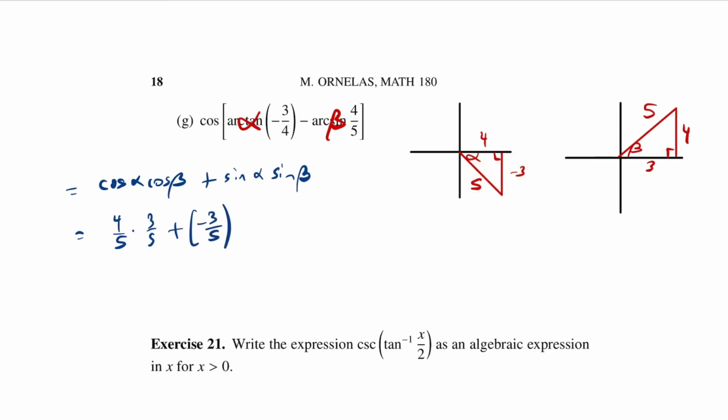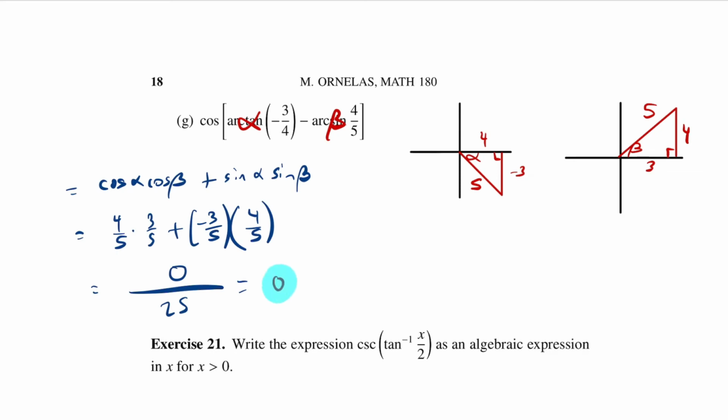And sine beta is opposite hypotenuse. Right, we got it all. And so now we have an LCD of 25, and we have 12 take away 12 is 0. So all of that work just to get 0.